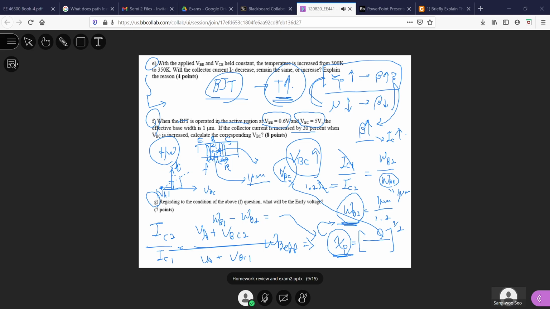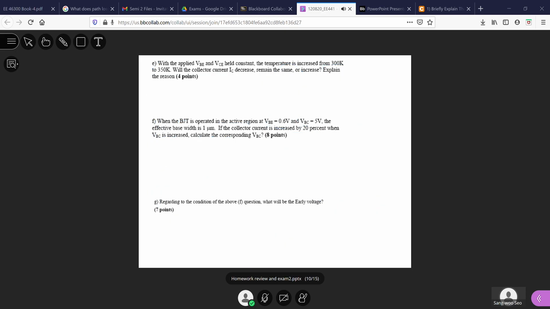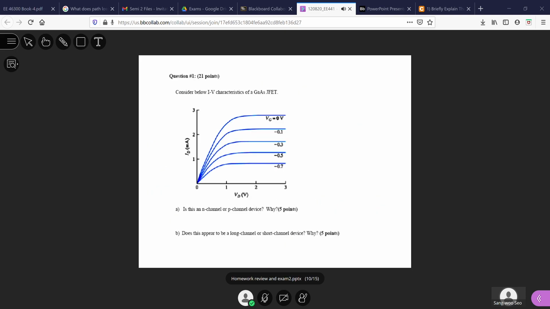So we can formulate this ratio. It's the same way, a 20% change, so this one is 1.2 IC1. Initially this is 5 volts, and then you have the change to VC2. If we relate that, we can obtain this VA. That way you answer this question.